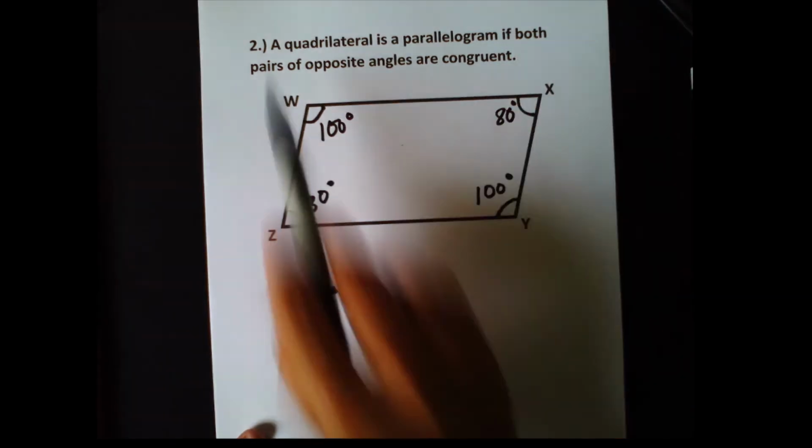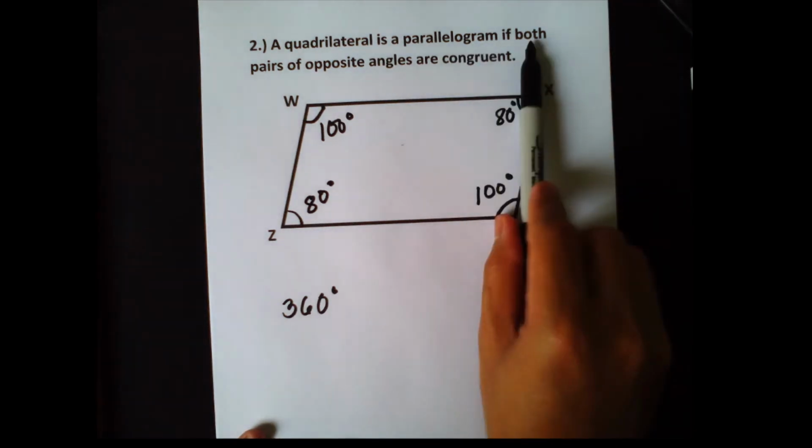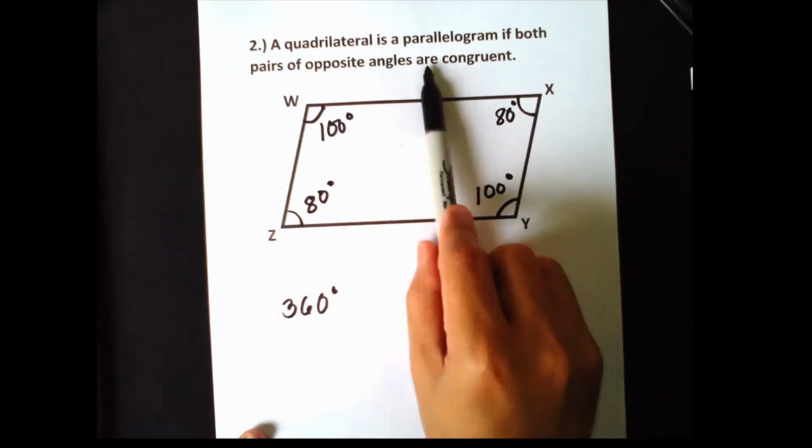Based on the condition, a quadrilateral is a parallelogram if both pairs of opposite angles are congruent.